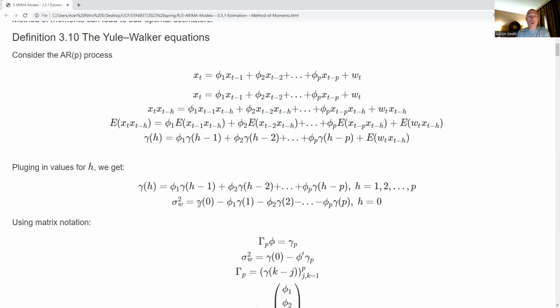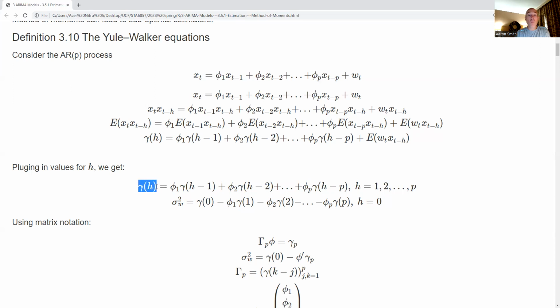So I have the autocovariance at 0, which is the variance, which I'm getting from over here when h is equal to 0. And then I subtract off everything else, which gives me this. And then this term here ends up being equal to sigma squared.